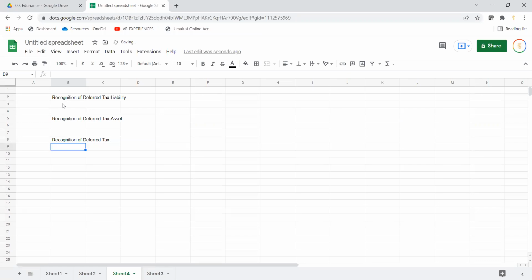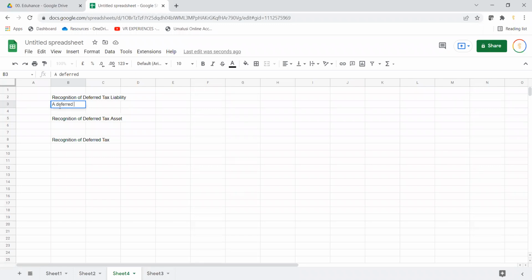Okay, so remember, you recognize a deferred tax. What am I talking about now? We recognize a deferred tax liability when we have a taxable temporary difference.